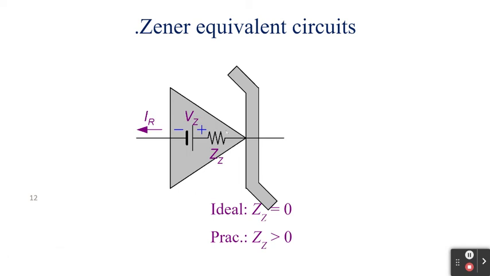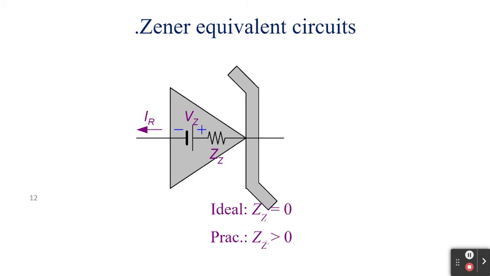So if this is your Zener diode, we can imagine that inside the Zener diode there will be a resistor that represents the impedance, and there will be an internal VZ. The ideal Zener diode will have no impedance, and therefore the ZZ will be zero. For the practical diode, the ZZ is not zero, but greater than zero.